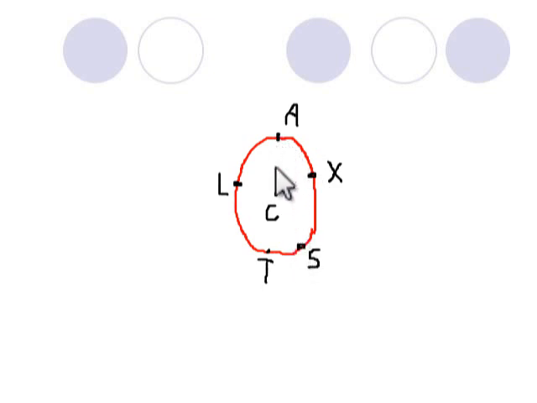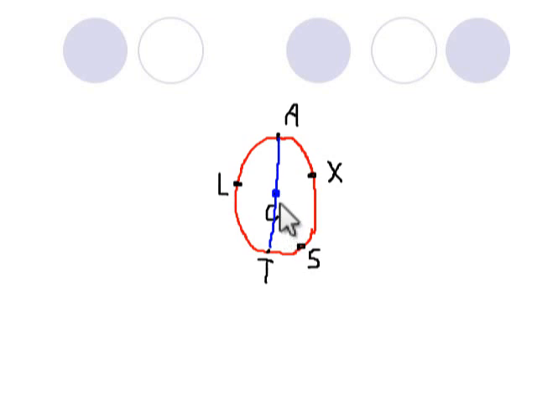I could draw one from A to T, and that would be a chord. Or I could draw one from A to L, and that would be a chord. The diameter is a chord that goes through the center. So for example here, if we went from A to T, we would go through the center point C. So that would be a chord that is also the diameter.